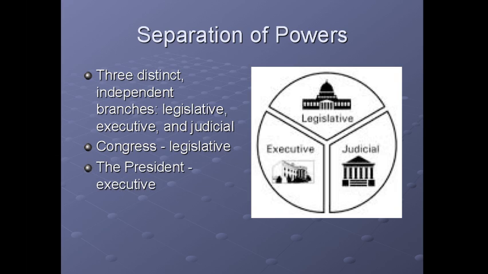The executive branch is represented by the President. That is the law enforcing arm of our government. And finally, we have the third branch, the judicial, made up of the Supreme Court and the rest of the court system. Basically, the court system is what will interpret the laws.